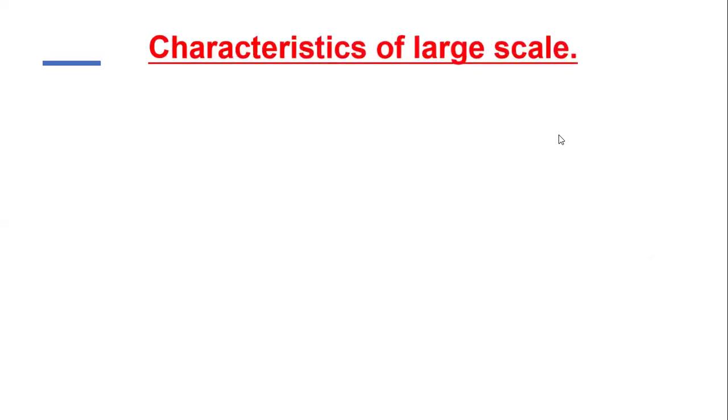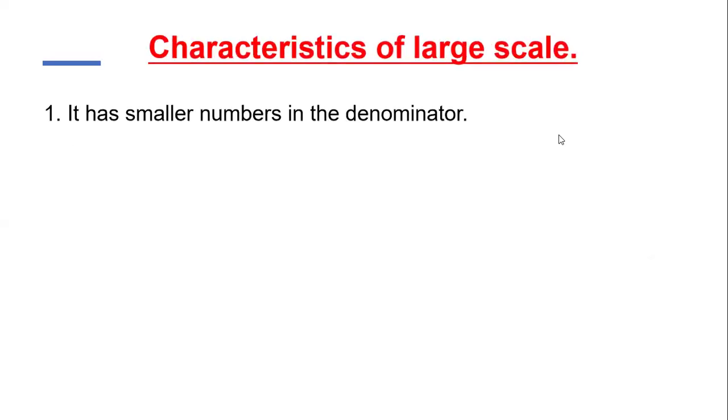Now let's see the characteristics of the large scale. Here are some of them. It has smaller numbers in the denominator. The denominator is the bottom number when you are showing ratios. When you are showing ratios, there's the upper number, that is the numerator, and the bottom number, that is the denominator. So they have smaller numbers in the denominator, because they present information of small areas.